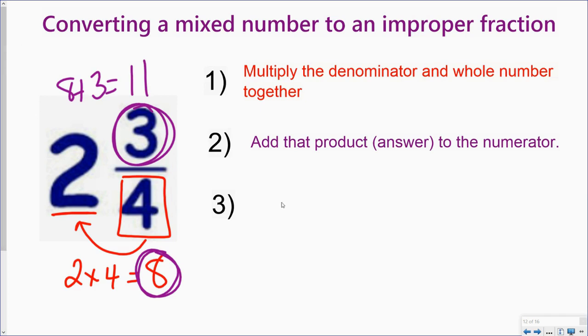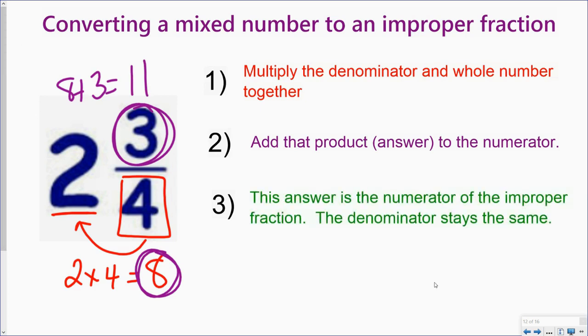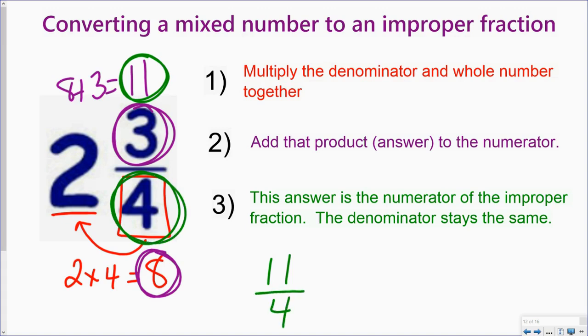And then my last step is to take this answer, which is now going to become the new numerator. So this 11 right here is my new numerator, and the denominator, which is my 4 here, is going to stay the same. So my improper fraction is now 11/4.